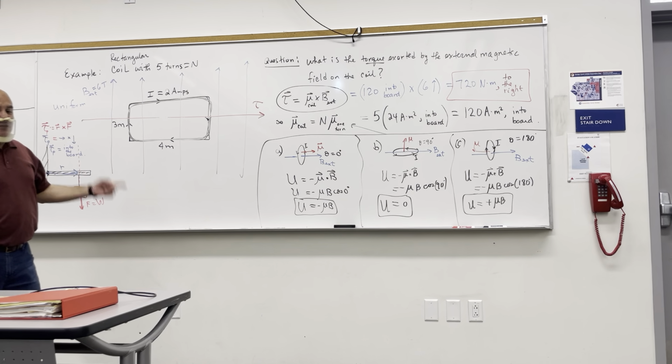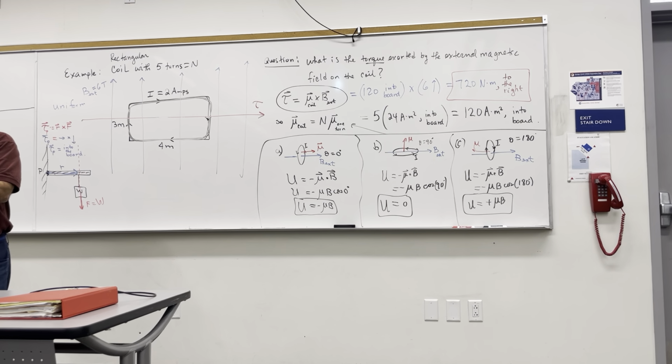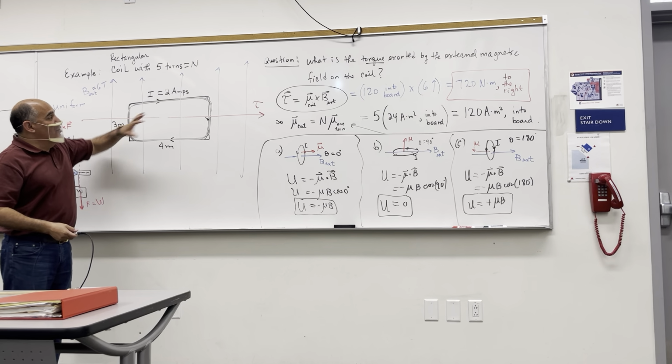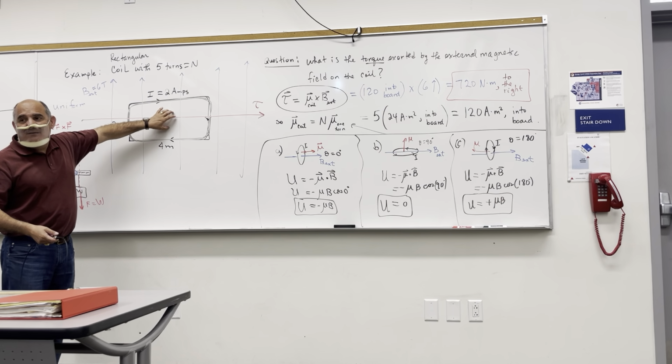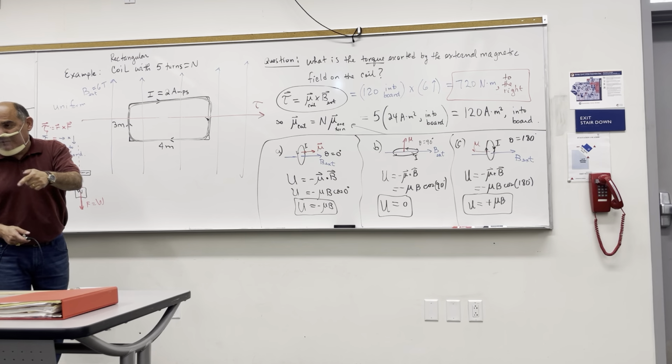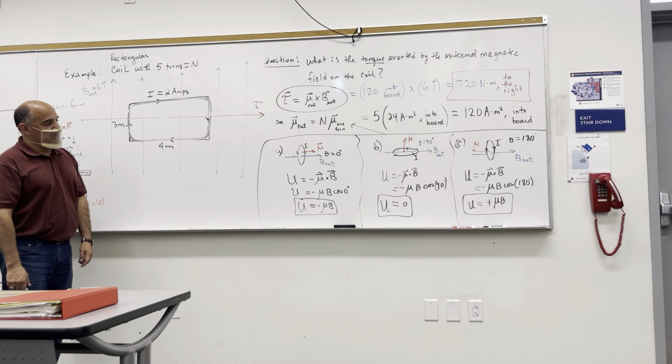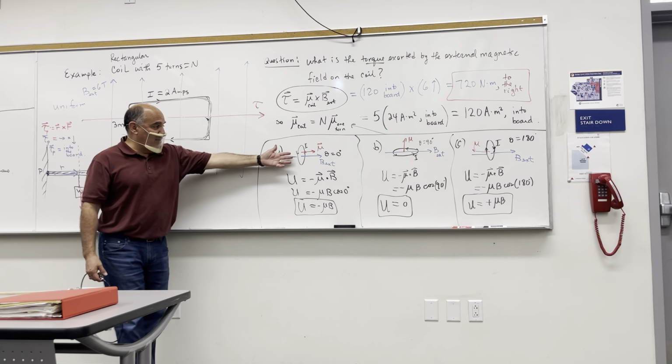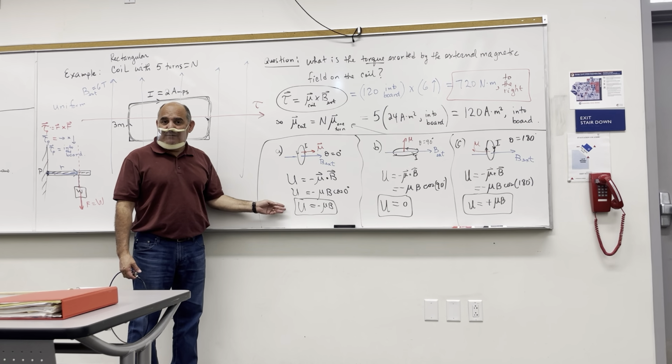So the external magnetic field is up, but the magnetic dipole moment of this loop is into. So if you leave it alone, the loop wants that magnetic dipole moment vector mu to point in the same direction as the external magnetic field. It wants to be lined up with the external magnetic field like this.